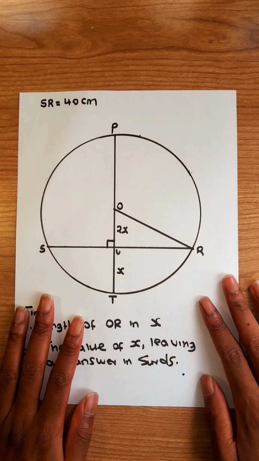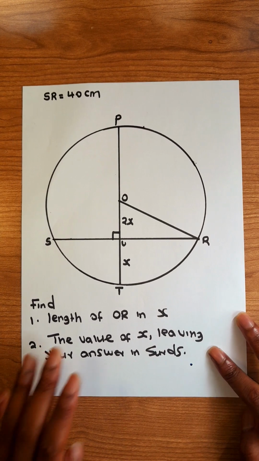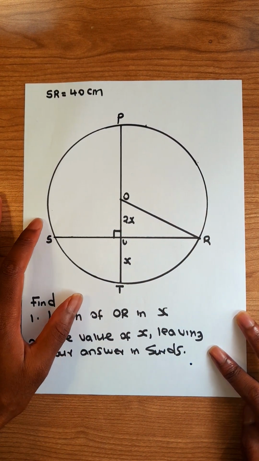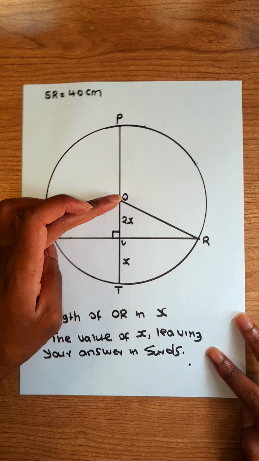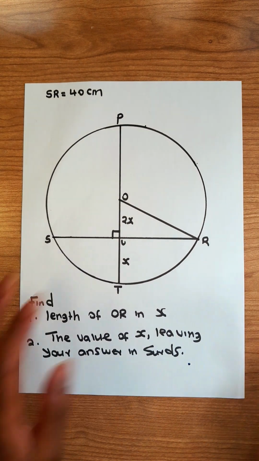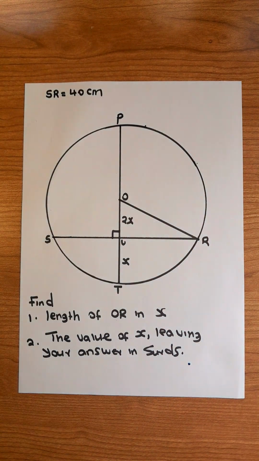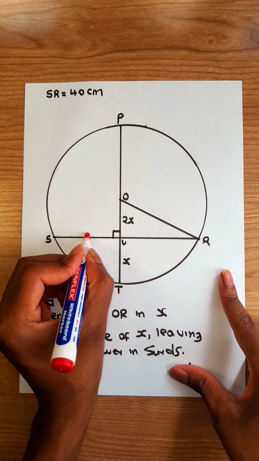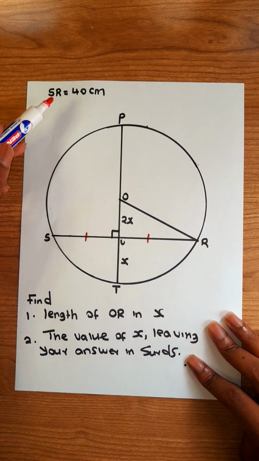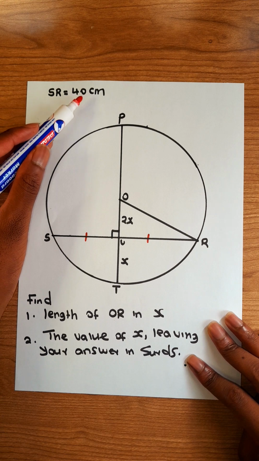So let's actually start looking at this question. We are having this question from theorem number 1, right? The theorem says that if a line is drawn from the center perpendicular to a chord, it is going to bisect that chord. So what that tells us is that these two lines are equal. We can see from the statement that SR equals 40 centimeters.